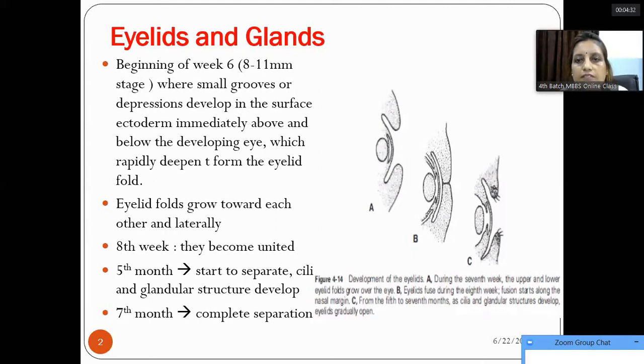In the surface ectoderm, this fold forms on either side. The eyelid folds grow towards each other and laterally. At 8 weeks, they are united. By 5 months, they start to separate and cilia and glandular structures develop, and by 7 months the complete separation occurs.